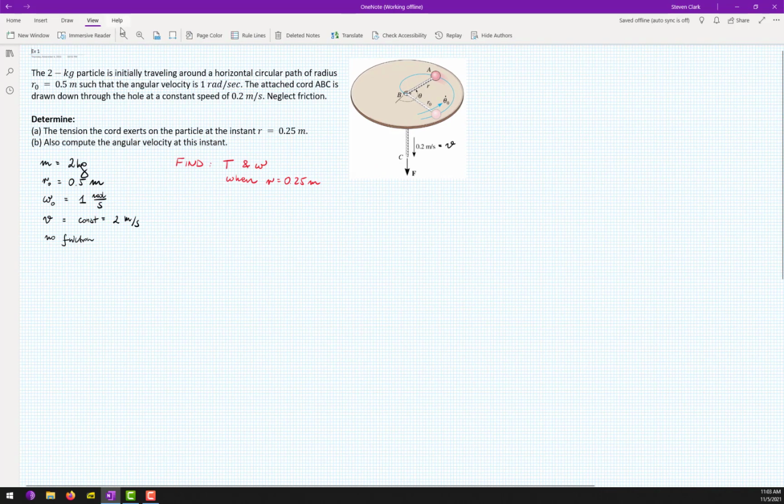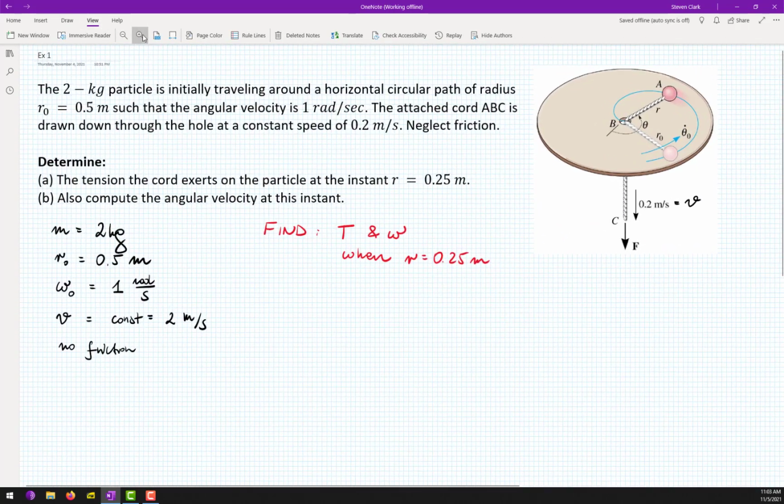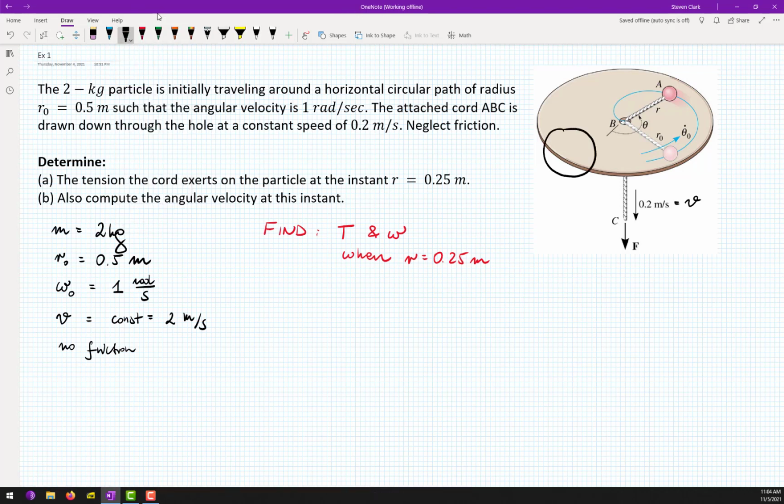Example number 1. As usual, please read and understand the problem statement. Okay, so what do we have in here? We have a table, and we have a particle moving on that table.